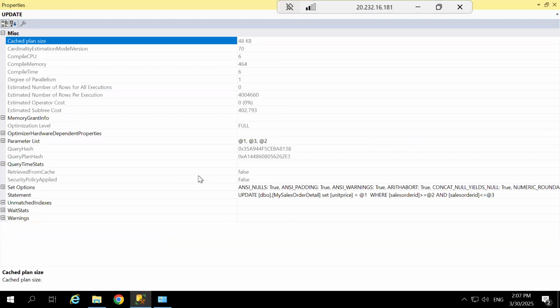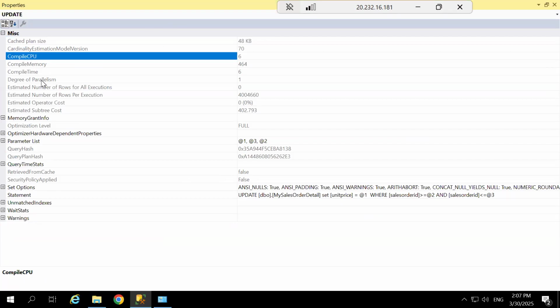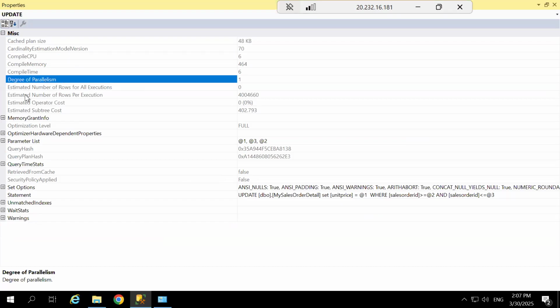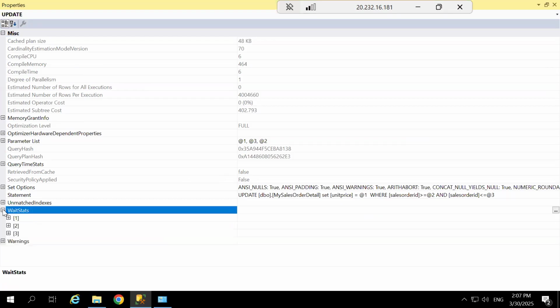Here, do we have the CPU time captured? Compile time, degree of parallelism, memory grants, parameter, statement, what is stats. So, no worries, CPU time we are getting from there also. I thought that it is also captured here.